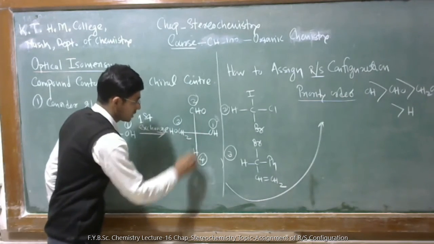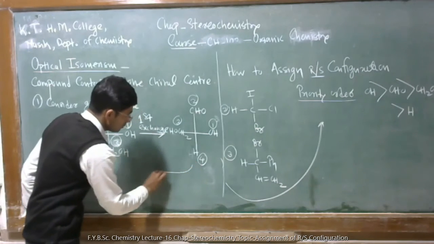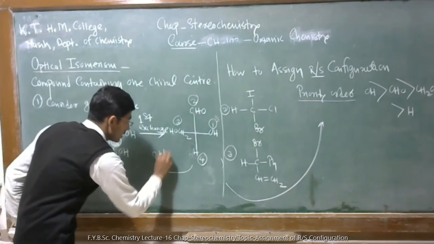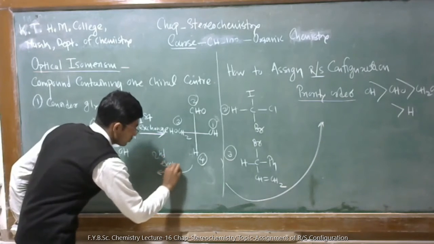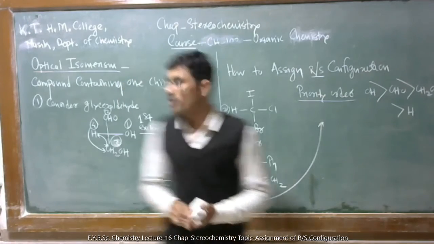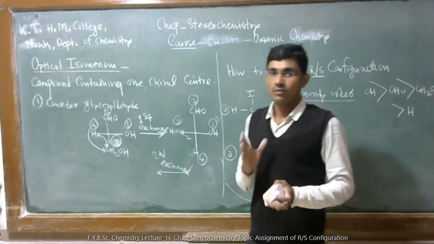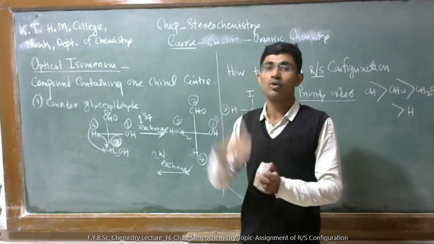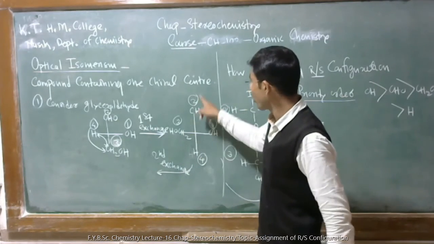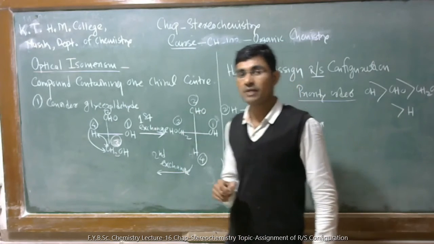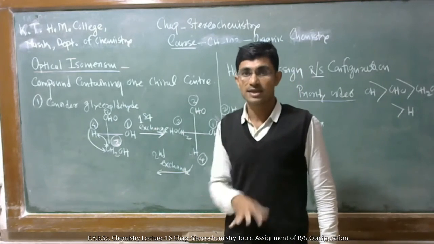So here, the second exchange. You have to perform the second exchange. For the second exchange, you have to bring the second priority group to the top. But here the second priority group is already at the top. So the question is whether you have to perform the second exchange or not.